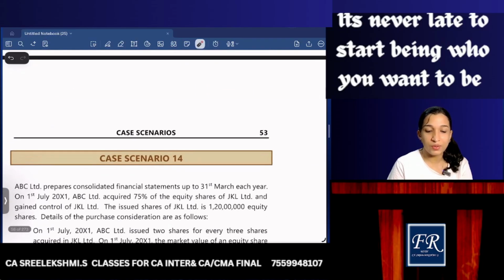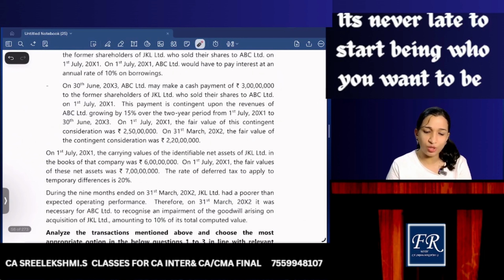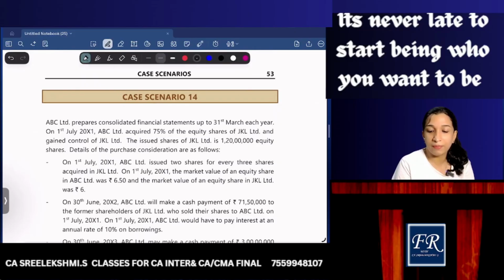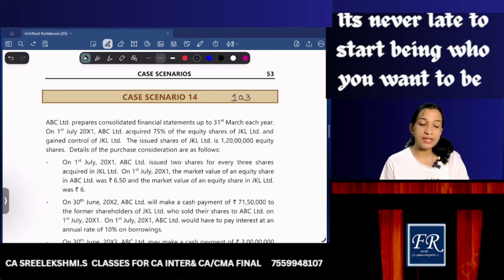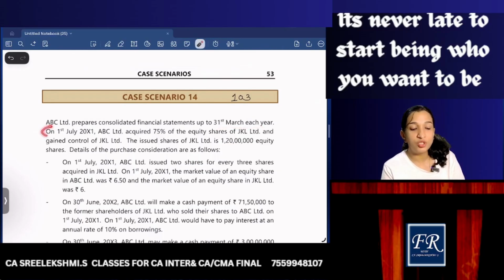Okay. So now let's move on to case scenario number 14. Case scenario number 14 is a Paka illustration from Ind AS 103 business combination. Please have a look. ABC Limited prepares consolidated financial statements up to 31st March each year. On 1st July, ABC acquired 75% of equity shares of JKL Limited and gained control.